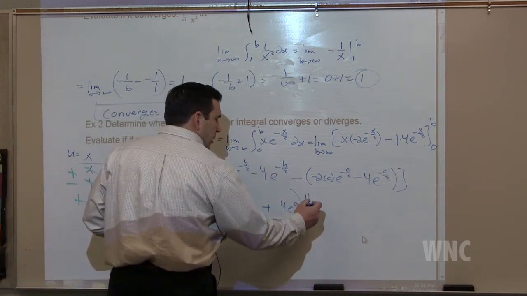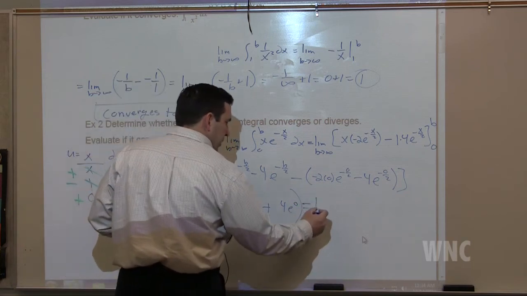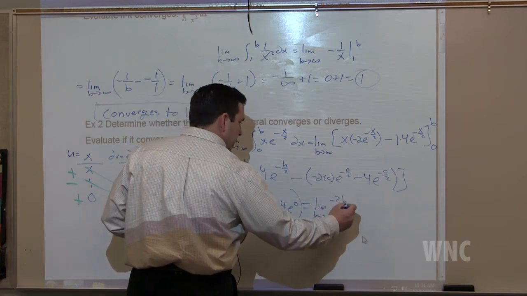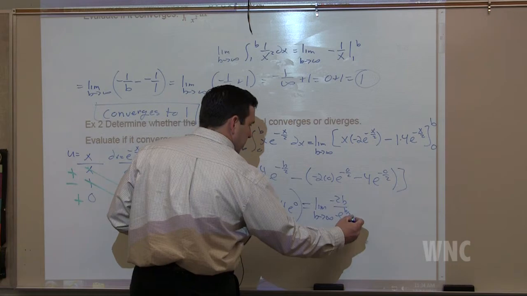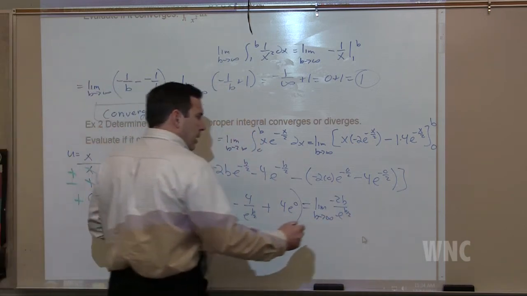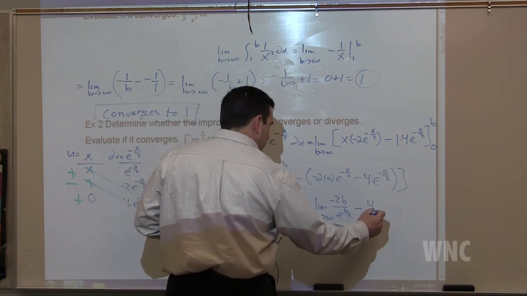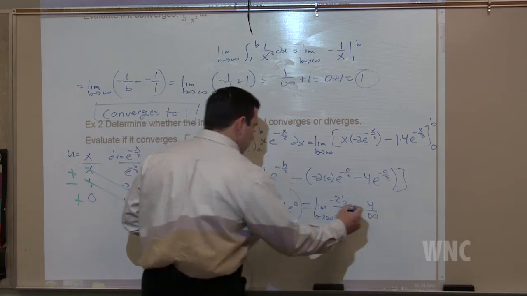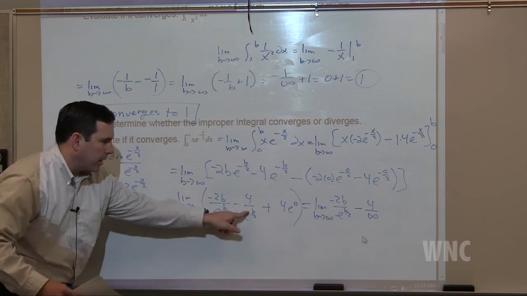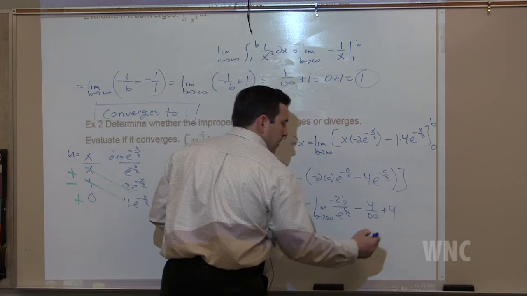So watch this, I have to use L'Hopital's. Maybe I should back it up a little. I have the limit as b goes to infinity of negative 2b over e to the b over 2, minus 4 over infinity, which is just 0, plus 4.